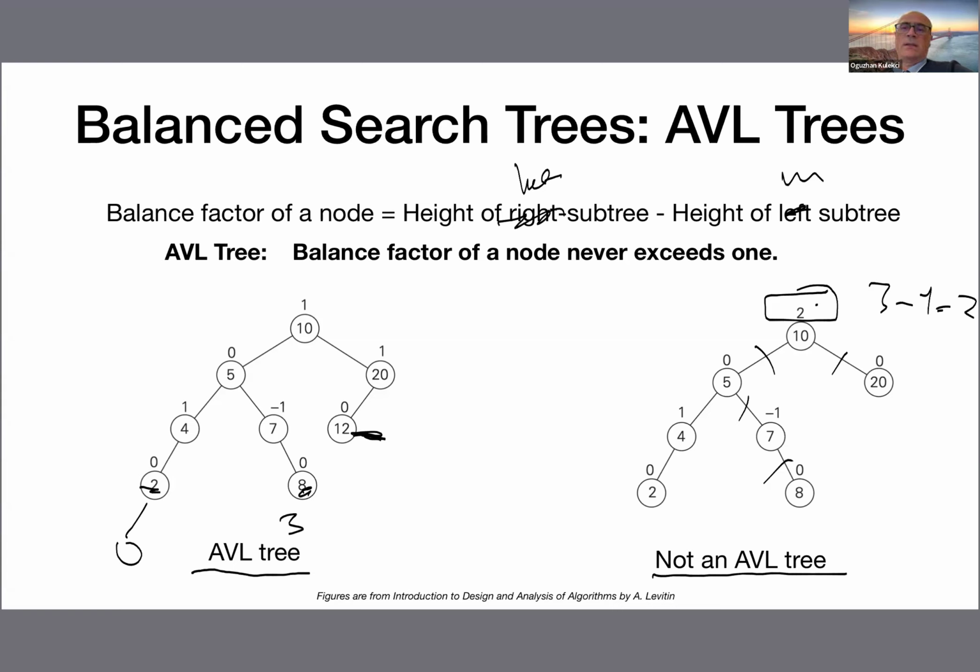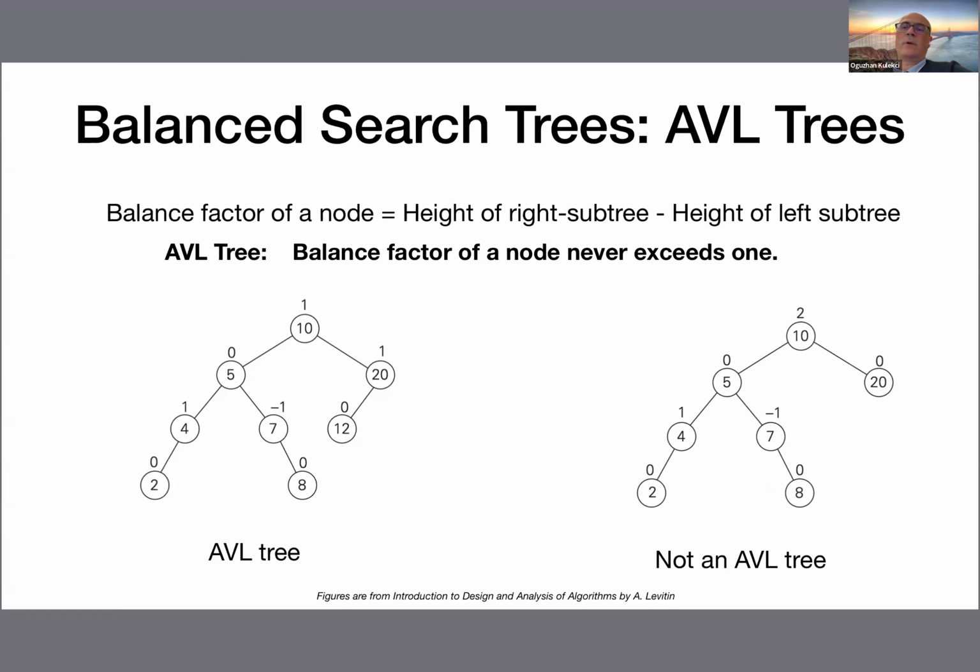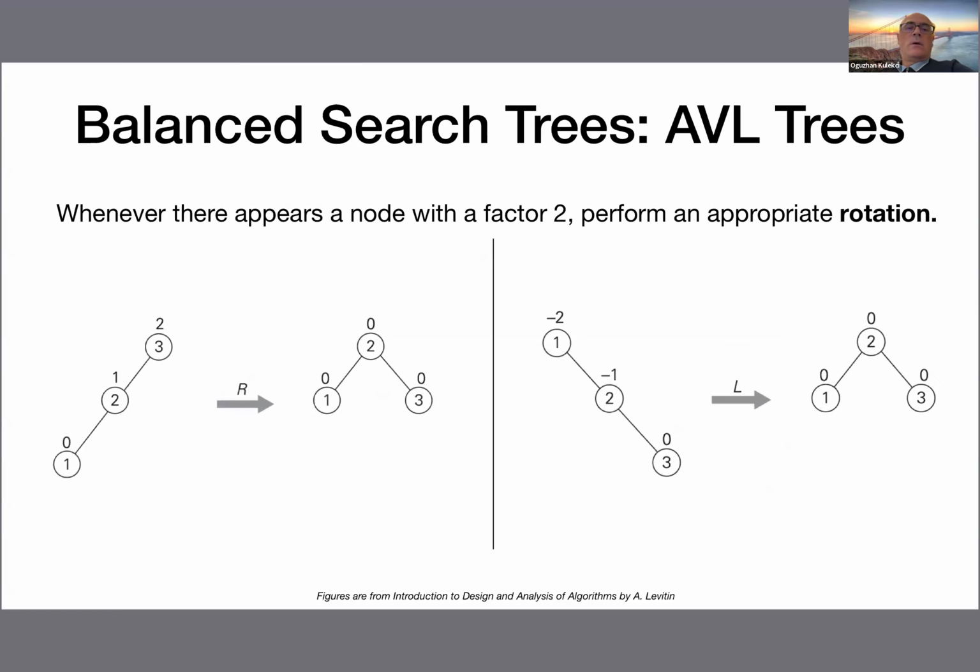Let's see how we avoid a node having a balance factor of 2 or -2. Whenever we have a node with a factor of 2, we perform an appropriate rotation. This is true for both 2 and -2.